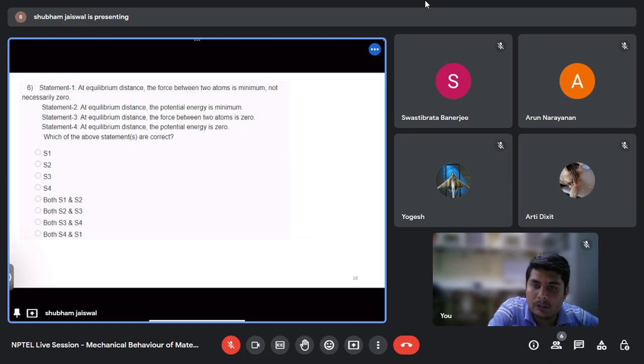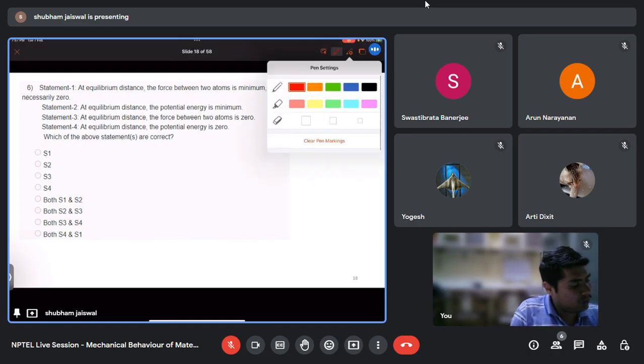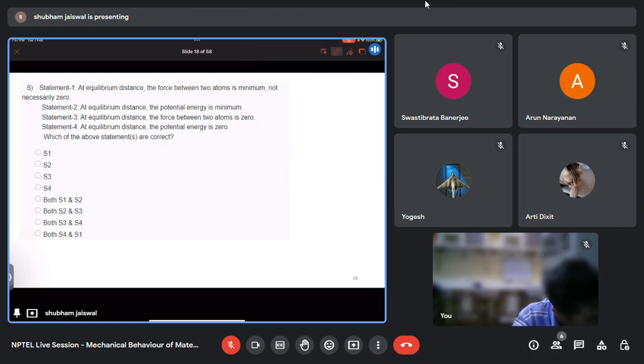Can anyone answer? I will draw the potential energy curve for you so that you can easily answer.